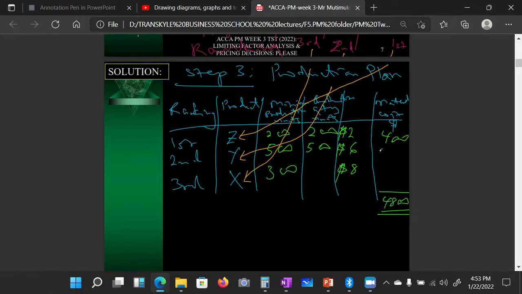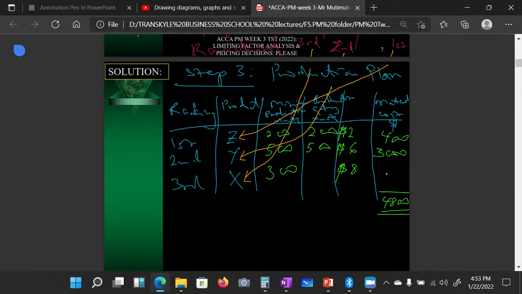That's 3,000. And lastly, we have to produce this guy who is giving us the smallest contribution. So here now we need to do it backwards.